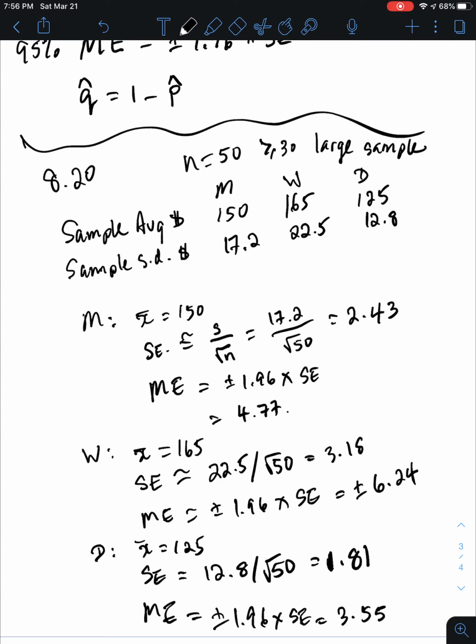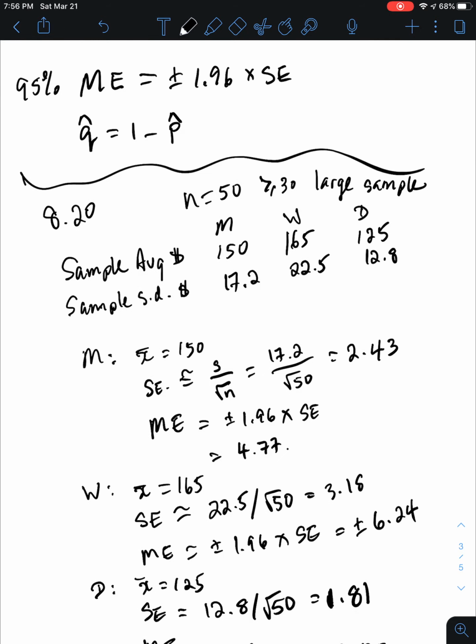All right. So next, let's graph these numbers. So I'm going to create a bar chart for the hotel price. Marriott, Westin, DoubleTree.